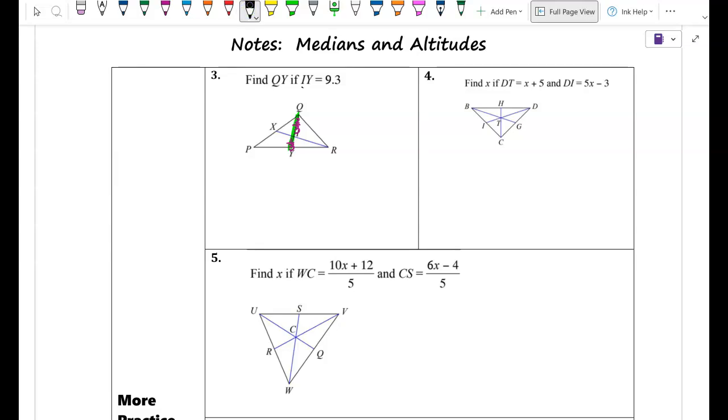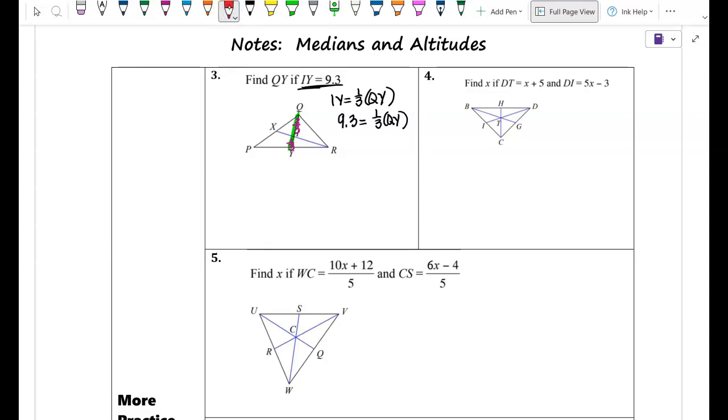And again, they're giving us IY, which is the 1/3 part, so we know that IY is 1/3 of the entire segment QY. They tell us that IY is 9.3. So 9.3 is 1/3 of QY.